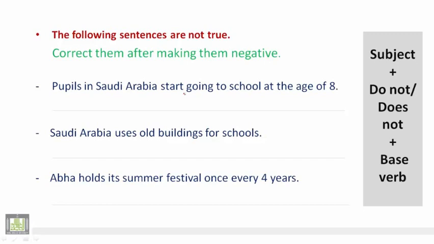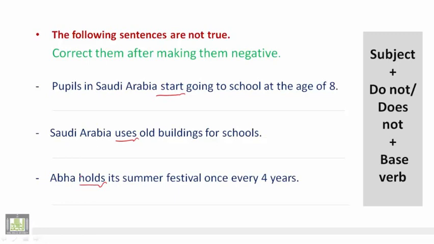For example, in the first sentence we have start. We do not have verb to be like is, are. In the second one we have uses, and in the last one we have holds.